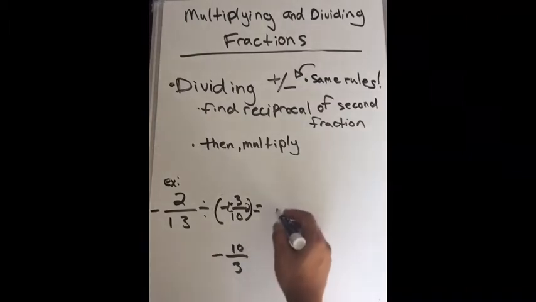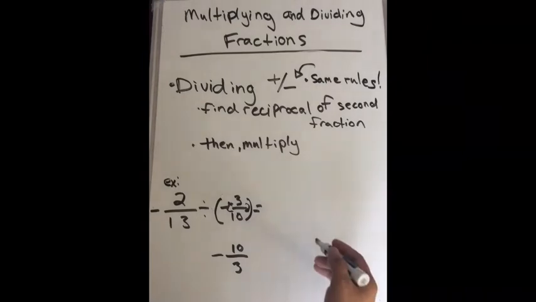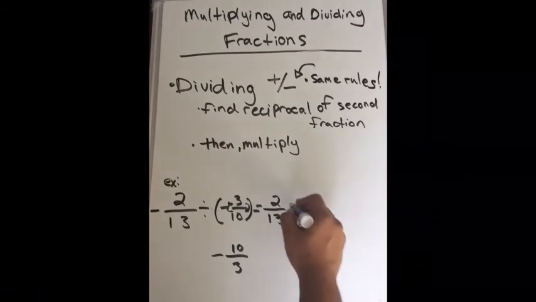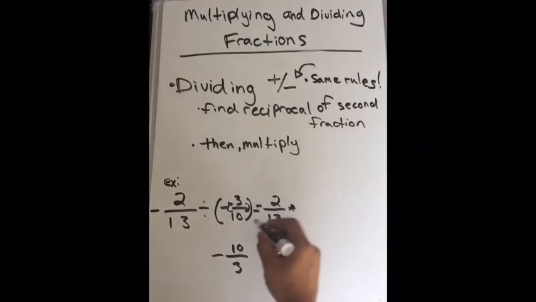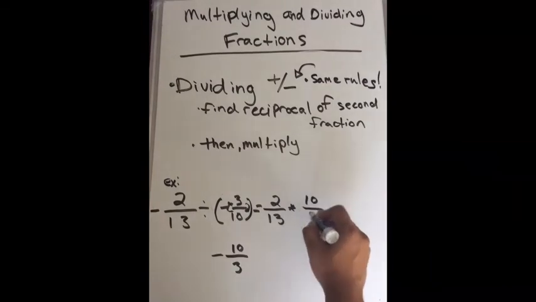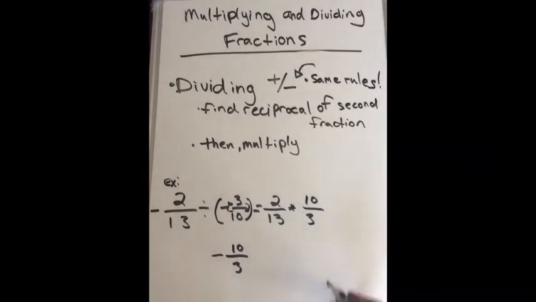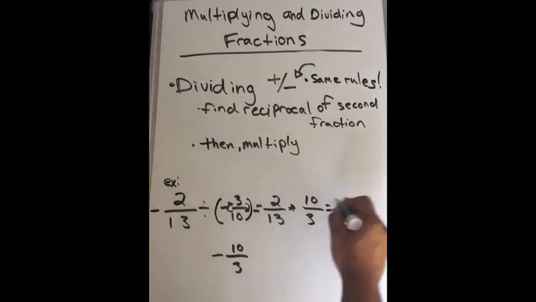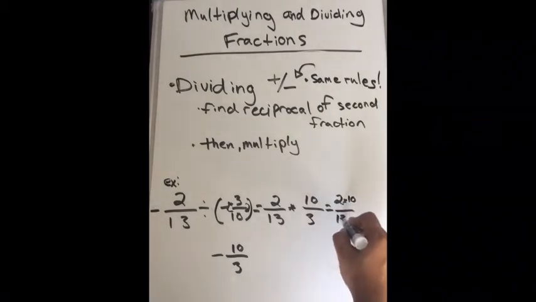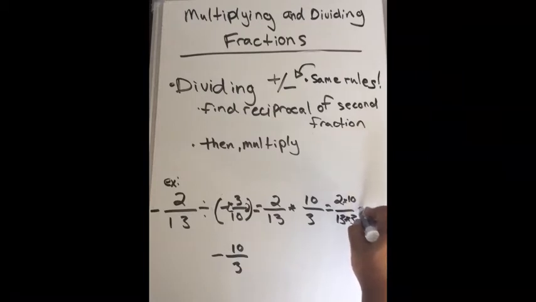So instead of writing these negatives, we know it's going to be positive. Let's just write 2/13 times the reciprocal, 10/3. So we just want to multiply those two fractions. That's 2 times 10 and 13 times 3.